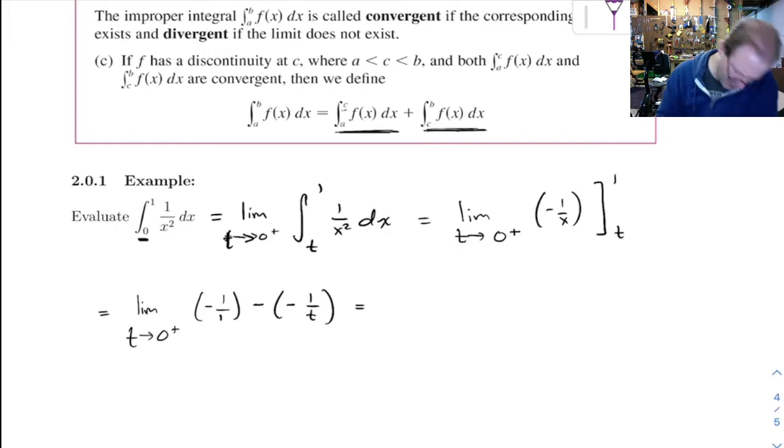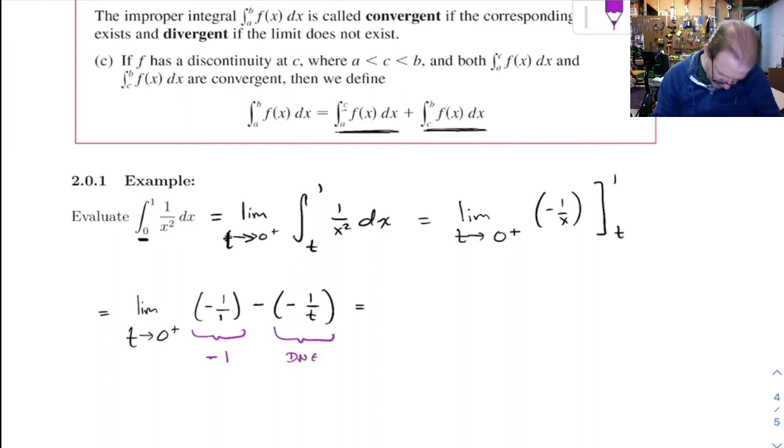What do we get there? This is just negative 1, but for this guy we get 1 over 0, so this limit does not exist.